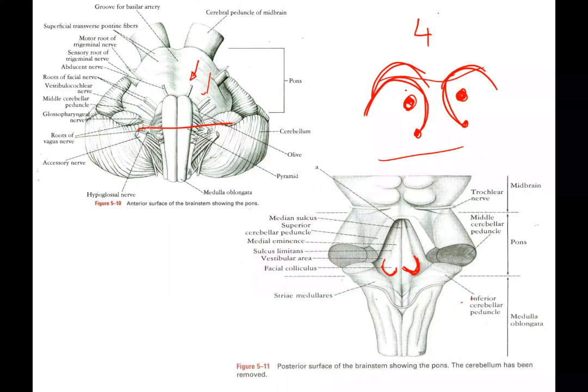This is the fourth ventricle area. So this raised area is due to this arrangement of fibers around the facial nucleus and the arrangement of abducens fibers around it. You call it the facial colliculus, like the superior colliculus and inferior colliculus. So it's a rounded raised area in the floor of the fourth ventricle at the level of the pons.